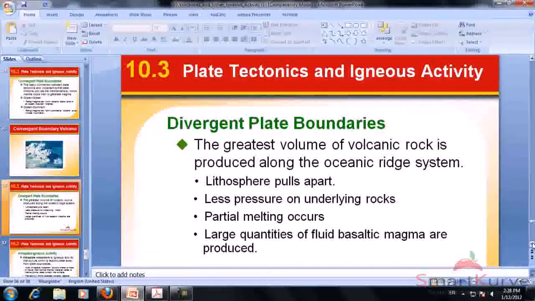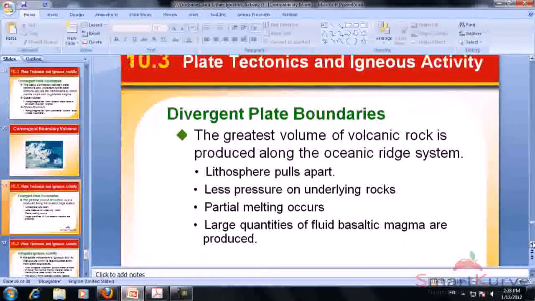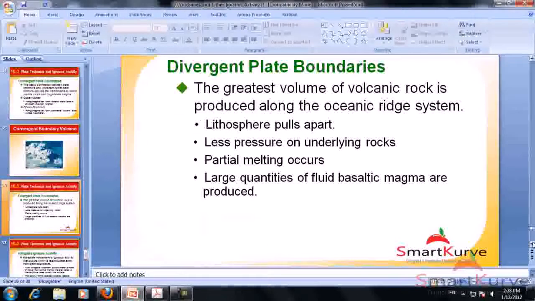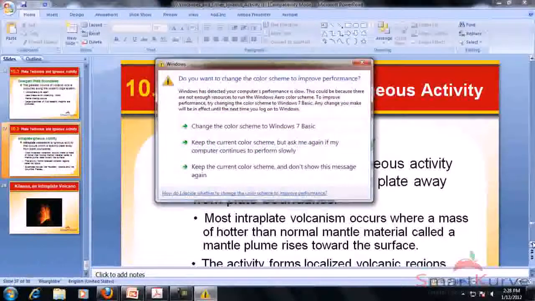So where the plates are opening up, that's where the lava is going to have an open door to rush to the surface. Remember that we saw that in the Mid-Atlantic range, a divergent plate boundary. We saw that in Africa's Rift Valley, another divergent boundary. That's where the most lava is coming up to the surface. That's where we get the largest quantity of basaltic magma.